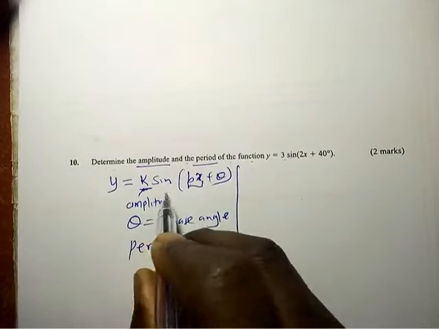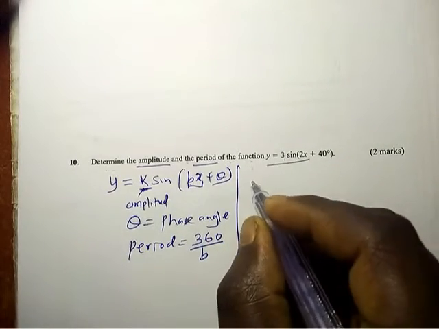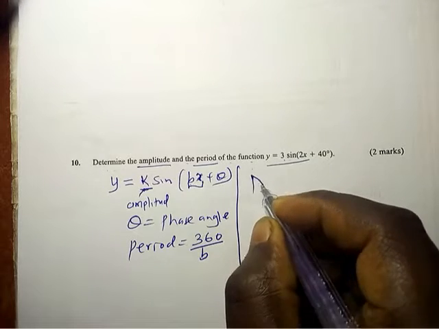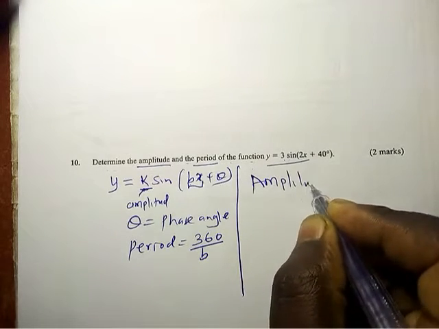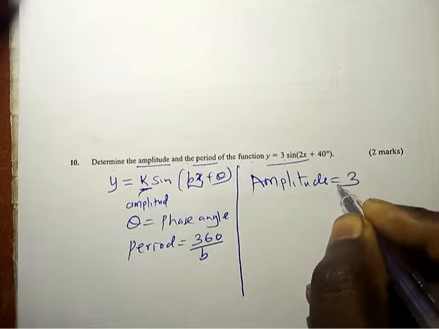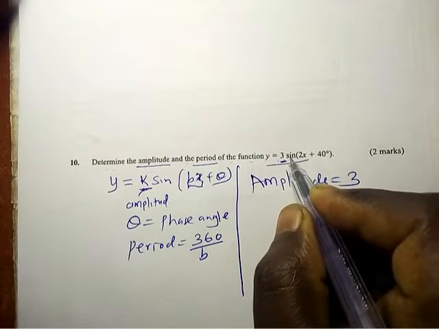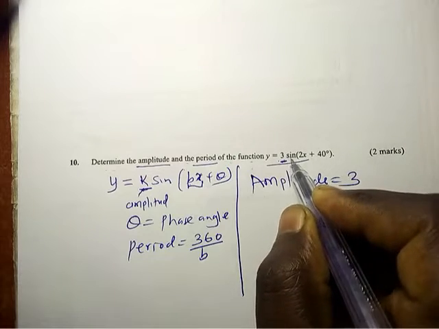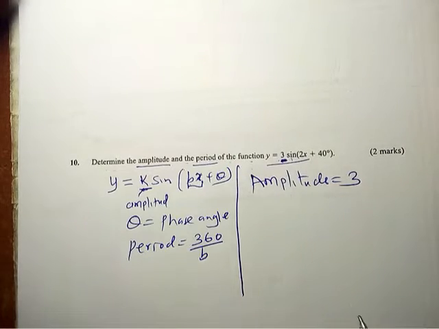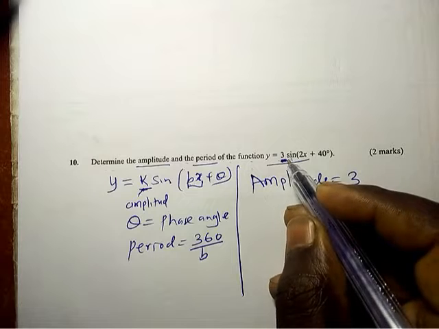That is now our, in this equation now, our amplitude is equal to 3. This is the K. So it's the number which is the coefficient of sine or tan or cos, hiyo ndio amplitude. The coefficient ni number inakuja before the sine.